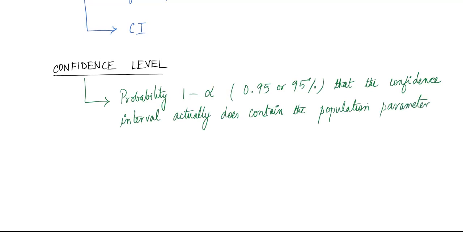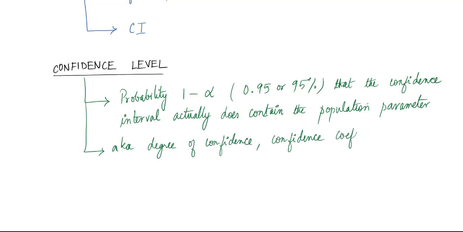This is also known as the degree of confidence or the confidence coefficient. And its abbreviation would be CL, confidence level. So I want you to understand again that confidence interval gives you the range of values. Confidence level talks about the probability, the percentage, the probability that the confidence interval actually does contain the population parameter.